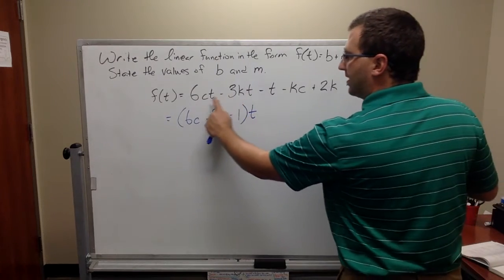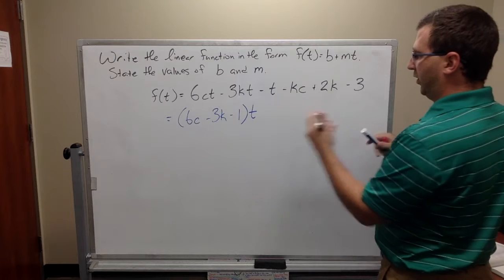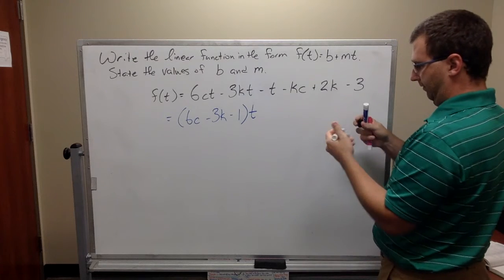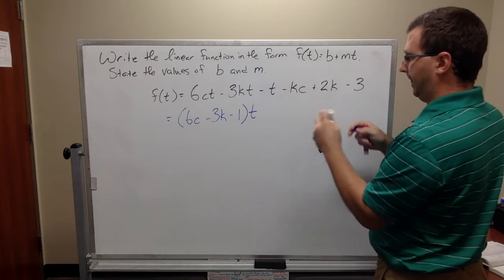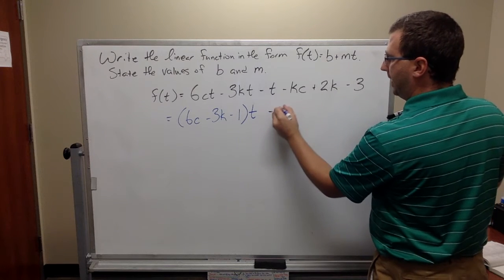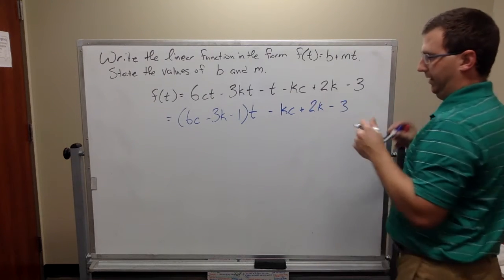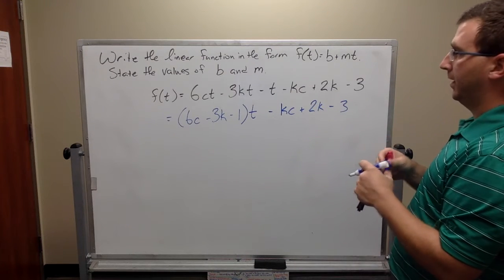Okay, so now that we factored the greatest common factor from these terms, we can just bring everything else down. Let me get my marker color right. Minus kc plus 2k minus 3. Alright?